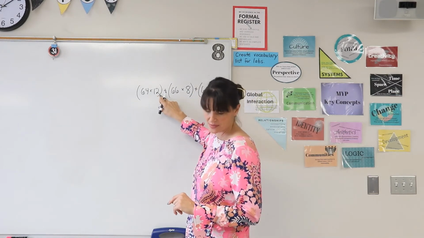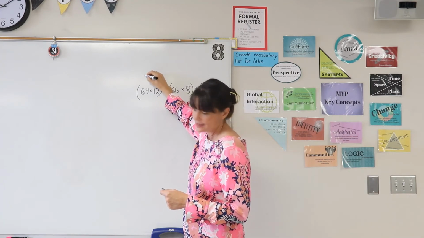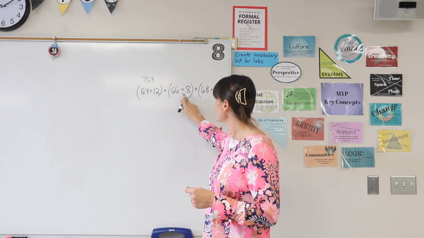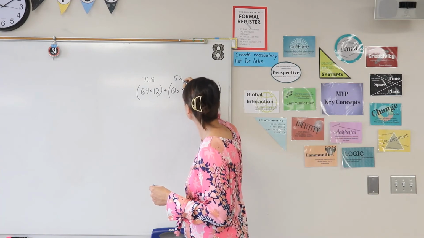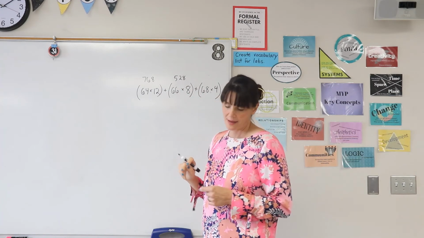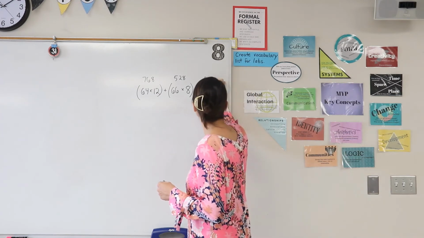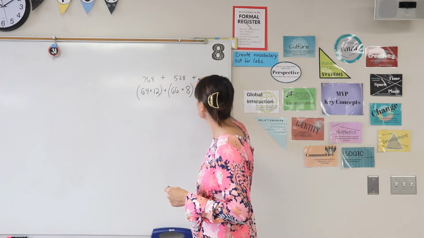So 64 times 12, you can use a calculator, and you're going to see that it's 768. And 66 times 8 is 528. And then 68 times 4 is 272.